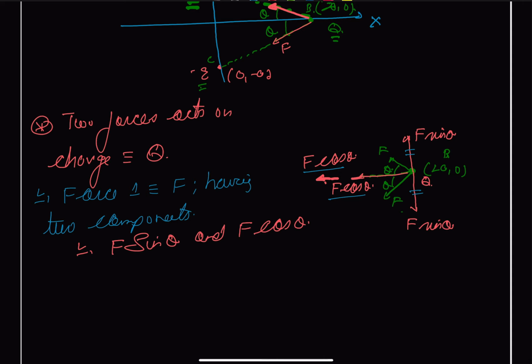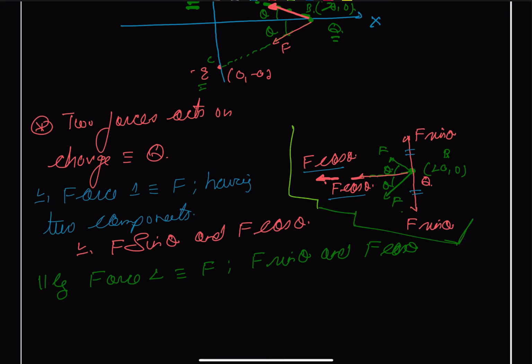Similarly, force number 2, which will also be equal to F, having two components, F sine of theta and F cos of theta. And F sine of theta and F sine of theta are going to cancel each other. Okay.